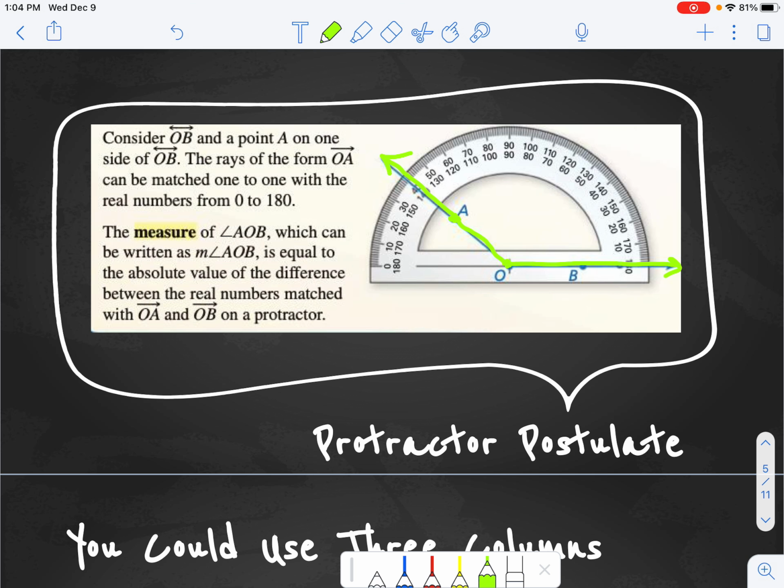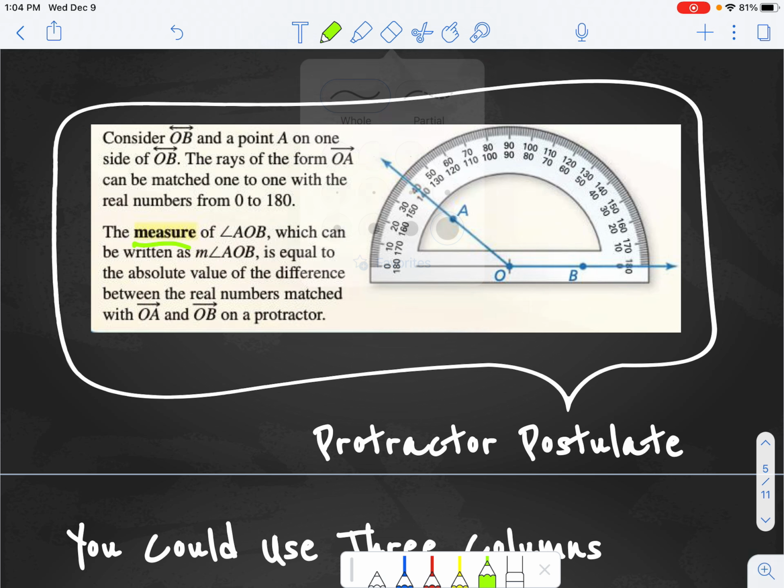So pretty much we have this angle, AOB. The measure, keyword, the measure of AOB, the measure of this angle right here, is equal to the absolute value of the difference between the real numbers matched with ray OA and with ray OB on the protractor.